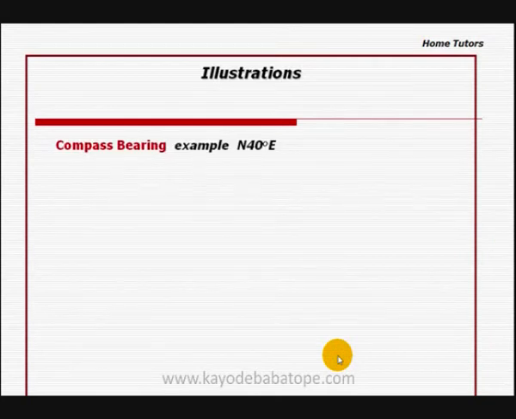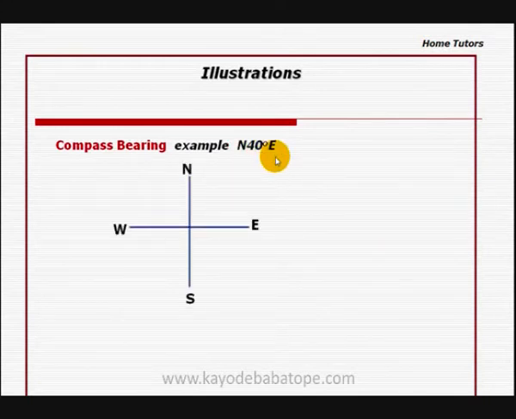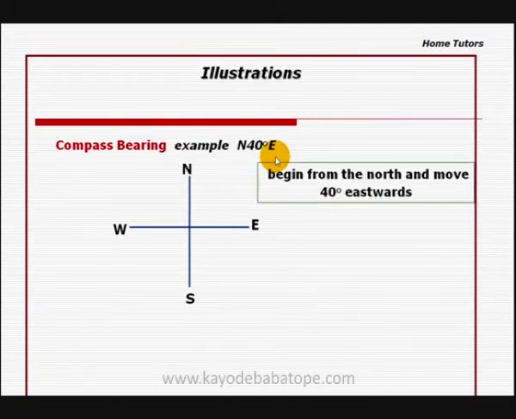Illustrations. Compass bearing example. For example, north 40 degree east. This is a compass bearing, and what this means is this: from the north, go 40 degrees eastwards. So the compass bearing of a point that lies on this line is north 40 degree east.